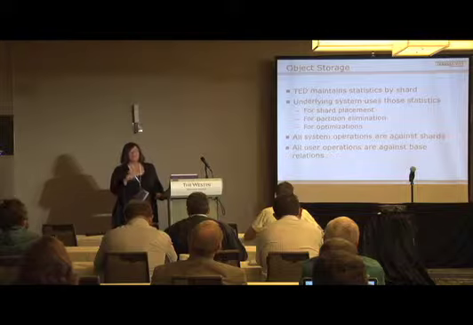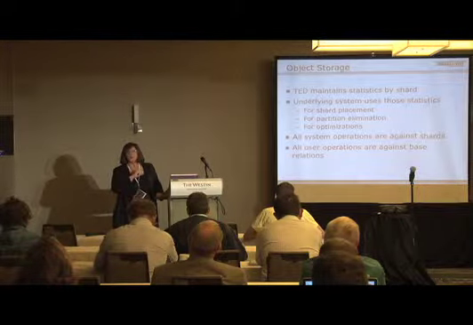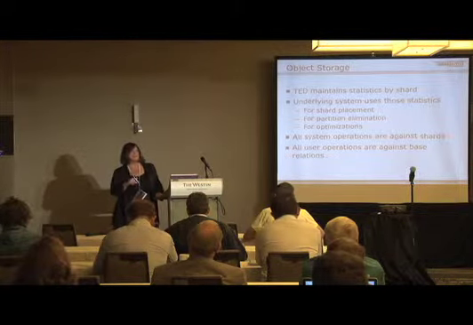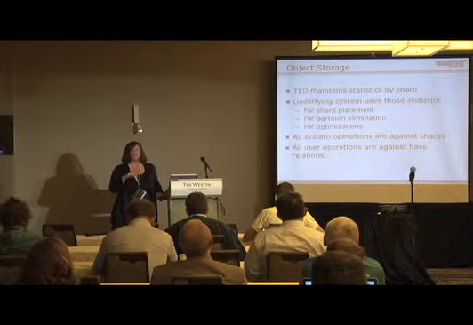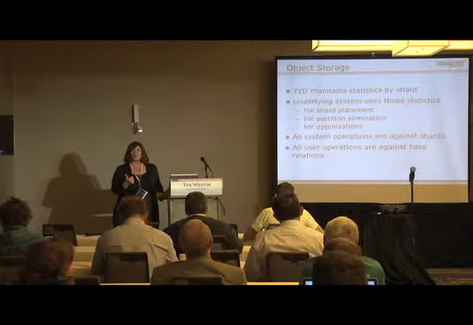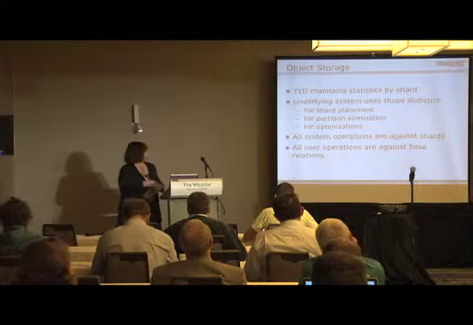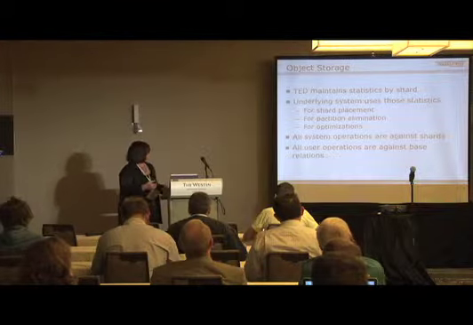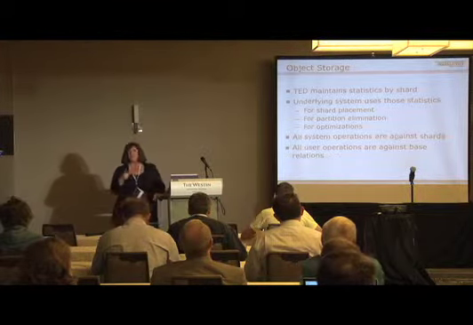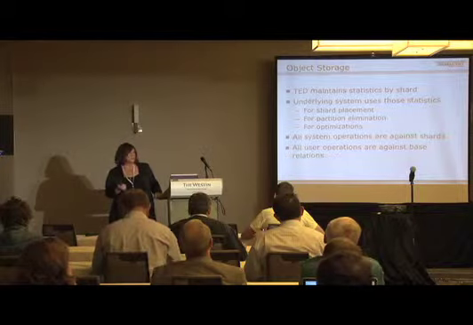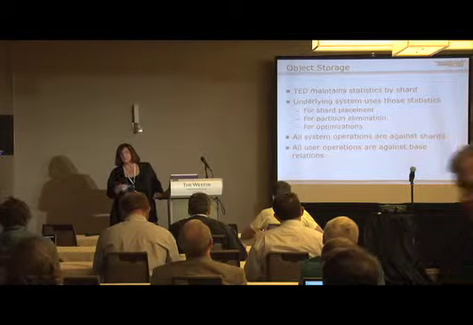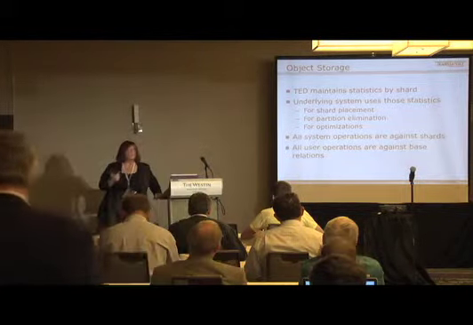And we're maintaining statistics based on the shard. So rather than table-level statistics, we have shard-level statistics. And we use those in our query planning, and we also use those for data placement. So these shards are invisible to developers, and they're invisible to users.